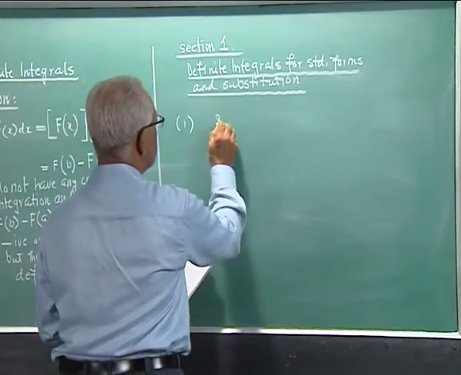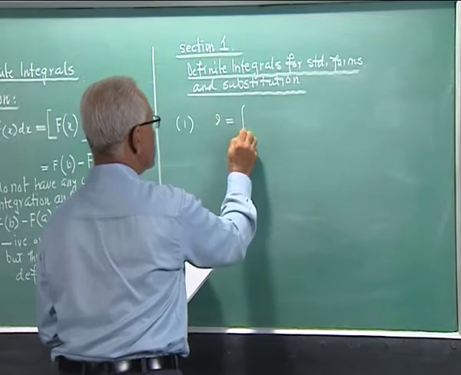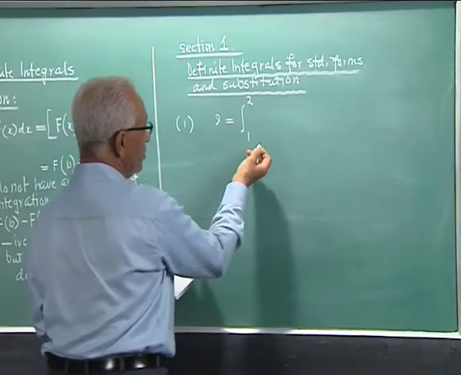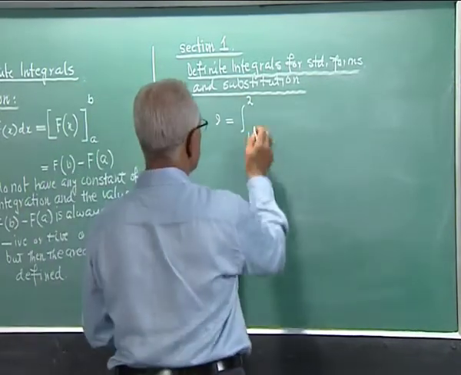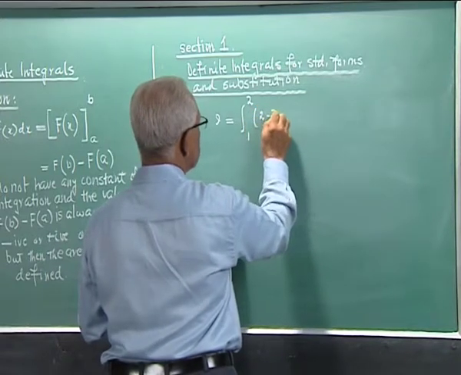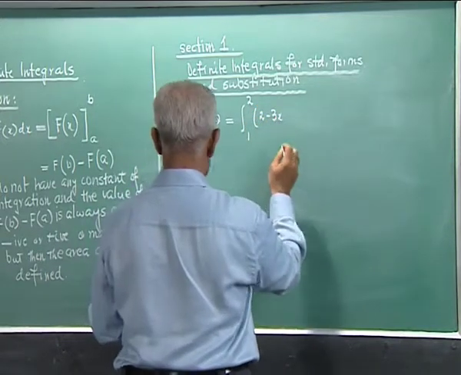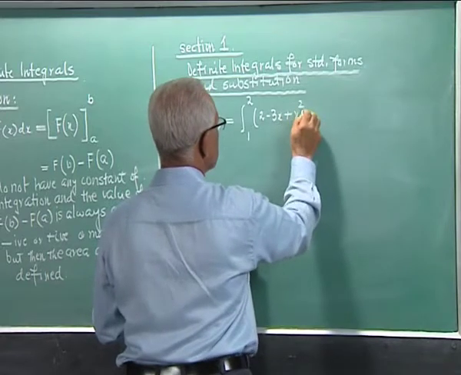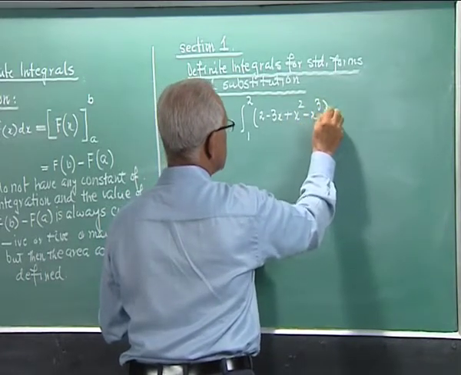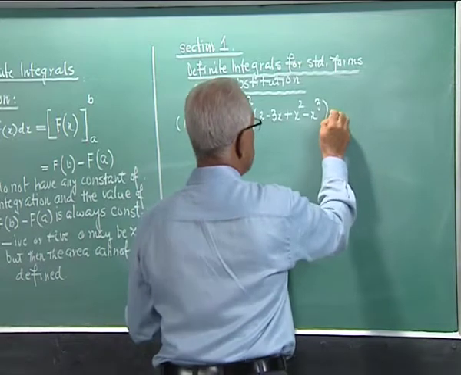This is just elementary. The lower limit is 1, the upper limit is 2, and I am to integrate 2 minus 3x plus x square minus x cube dx.